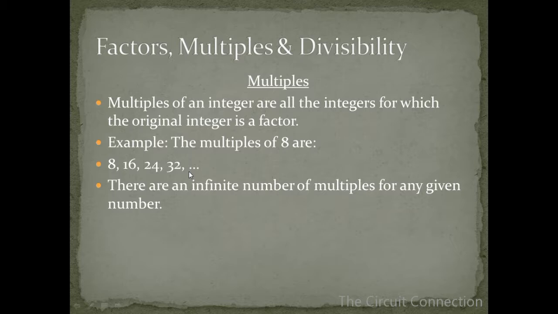So as you can see, I have 3 dots here, which is to indicate that there are infinite numbers of multiples for any given number. So for 8, that would be like 8 times 1 is 8, 8 times 2 is 16, 8 times 3 is 24, 8 times 4 is 32, and so on. Note, 0 is a multiple of every number.